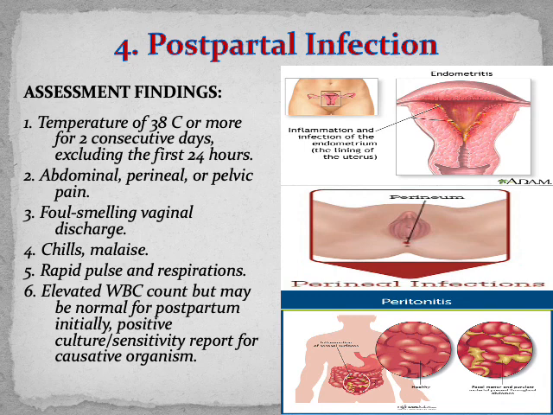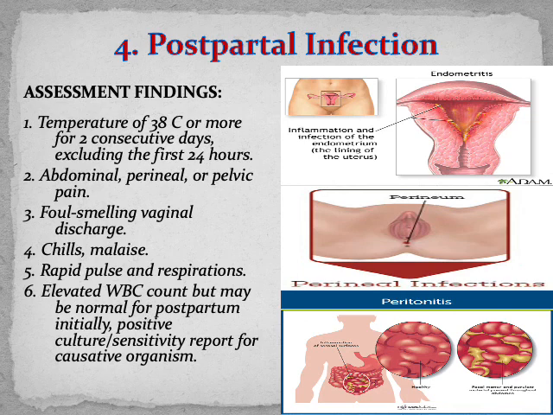Next, abdominal, perineal, or pelvic pain, foul-smelling vaginal discharge, lalo na kung wala naman ng lochia. Chills or malaise, general body weakness, rapid pulse and rapid respirations, plus yung elevated WBC. Again, si elevated WBC ay posibleng mataas talaga first 24 hours.